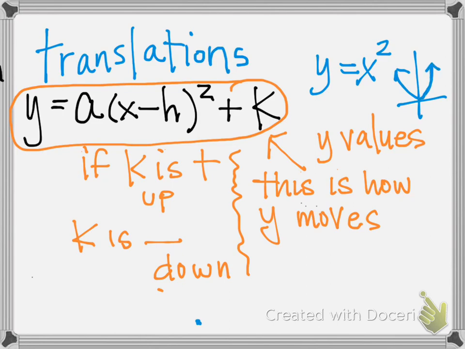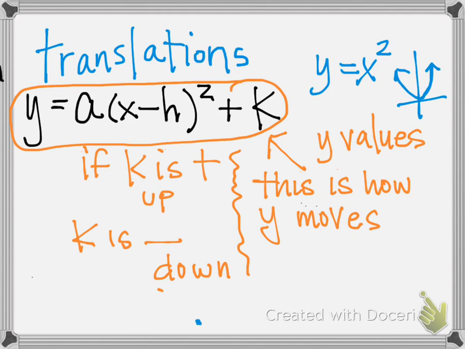This section talks about how we're going to change the graph from 0, 0, or change it from the parent graph. The first thing is, this is in vertex form. This black equation, a(x minus h) squared plus k, is in vertex form. Something that you need to know is k.